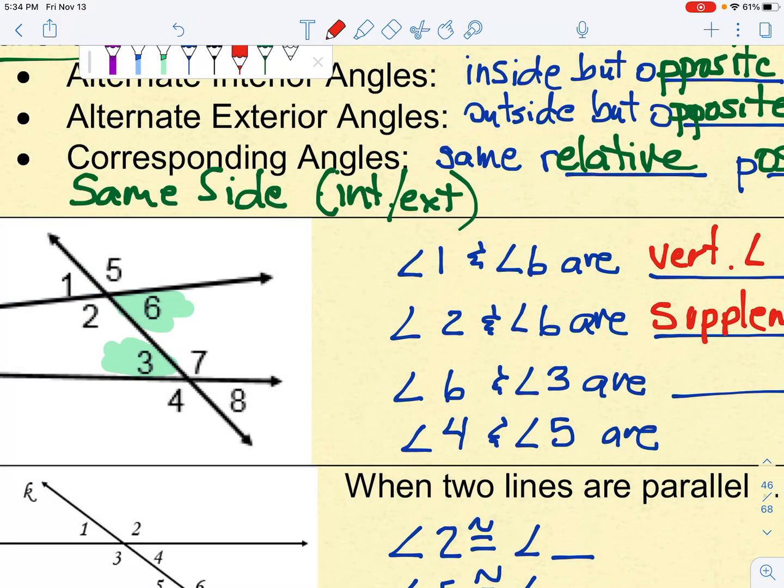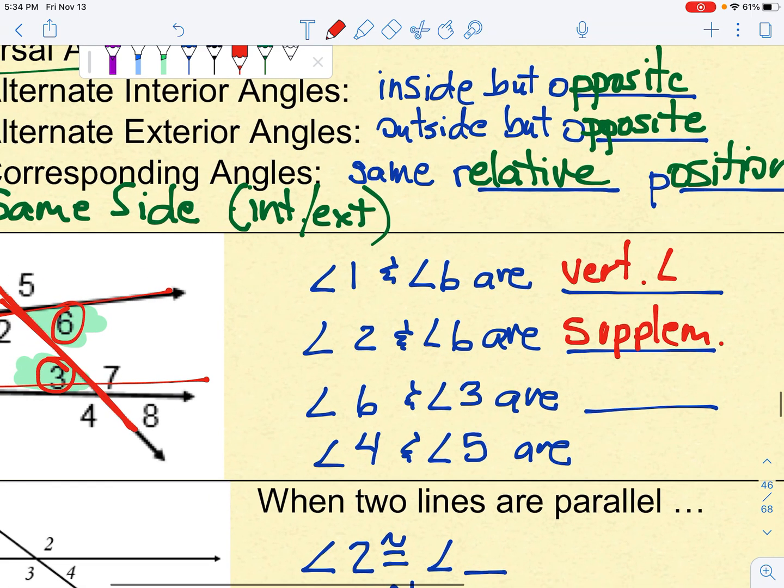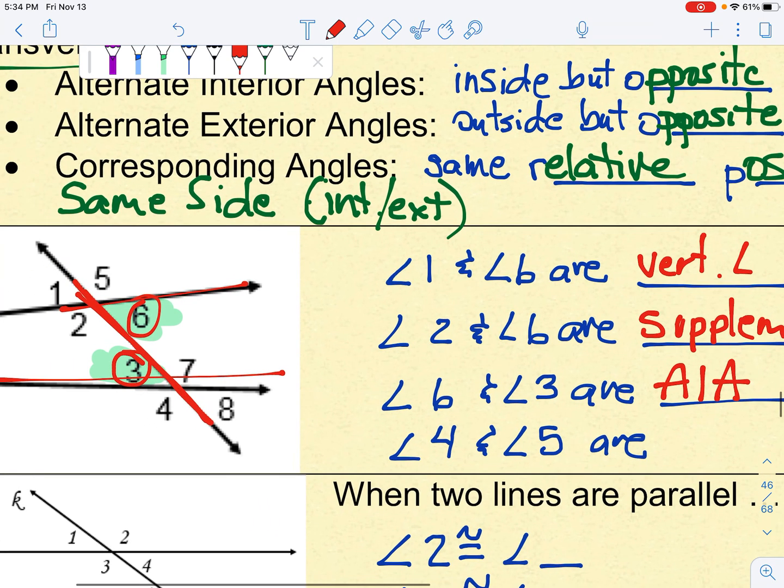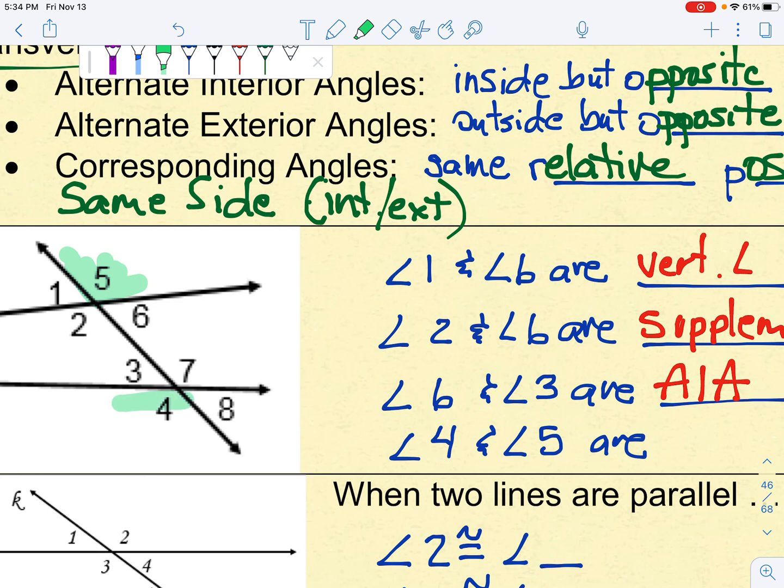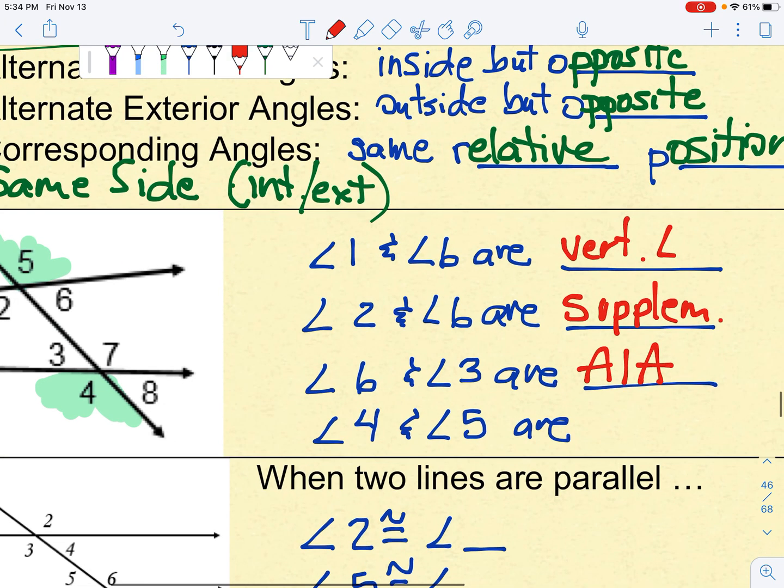They're inside the 2 lines, and then they're opposite sides of this transversal. So we call those AIA, alternate interior angles. Now, angles 4 and 5. So here's 5, here's 4. Notice in terms of the neighborhoods, they're on the outside. And again, they're alternate. So as you might expect, those are alternate exterior angles.